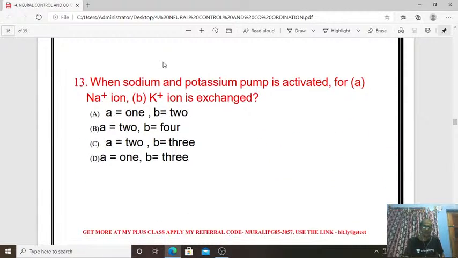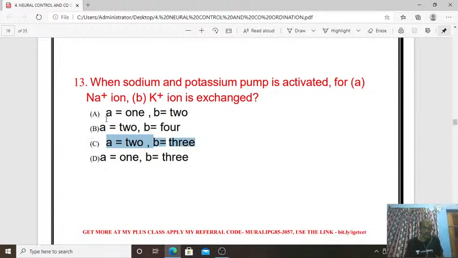Next, when the sodium potassium pump is activated, A sodium ions and B potassium ions are exchanged. What about the number? For how many sodium ions, how many potassium ions are going to be exchanged with each other? The answer is C. For 2 sodium ions, 3 potassium ions are going to be exchanged.